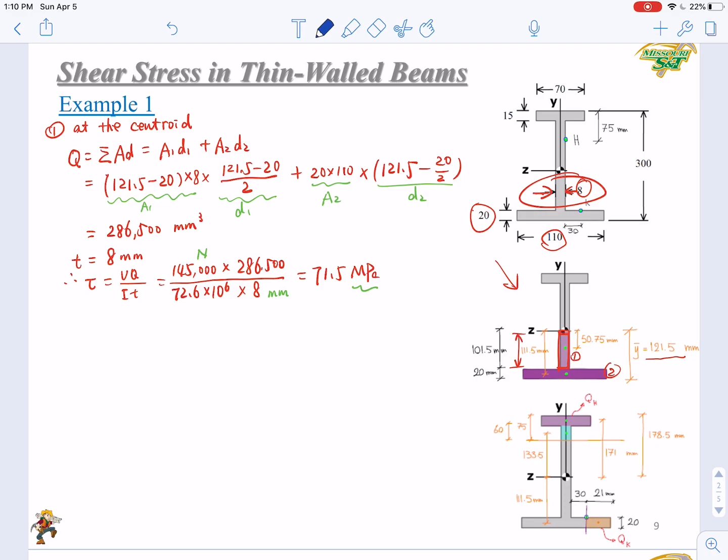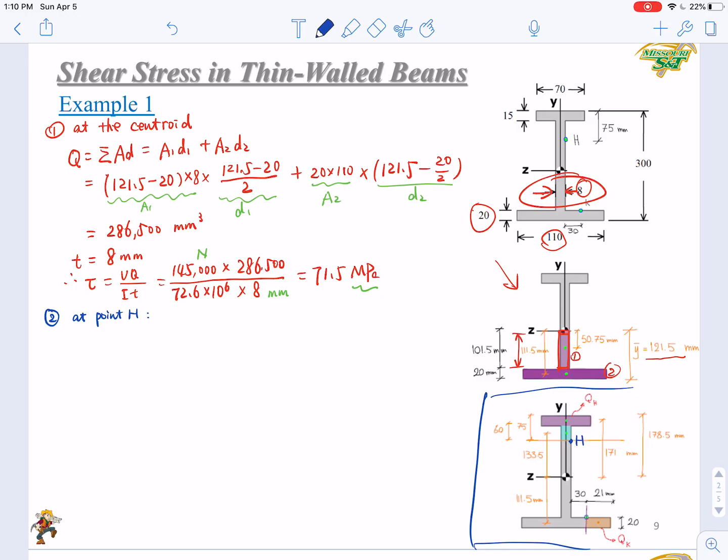Then step 2, let's analyze point H. At point H, look at here.